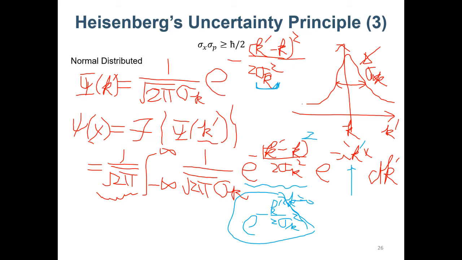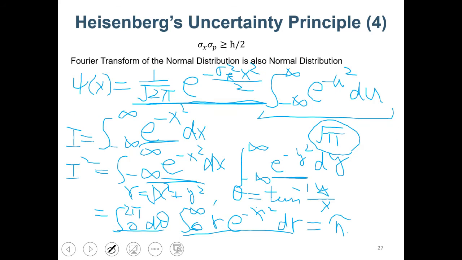If sigma k is smaller, then the Gaussian distribution will be more concentrated. But here you observe that sigma k square is at the bottom for the k domain, but sigma k is on the top for the x domain, which means that the standard deviation of x is actually 1 over sigma k. So this is very important.